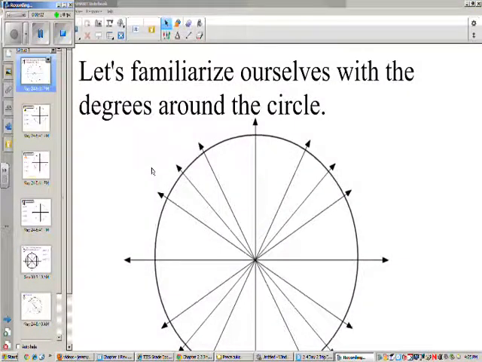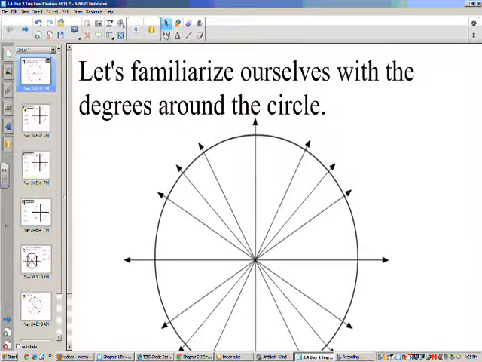Now we should see the connection between trig exact values and the unit circle. Before we look at the unit circle more in depth, let's familiarize ourselves with the degrees around the circle. So of course, on this x-axis, we're going to start at 0 degrees. Halfway is going to be 45.